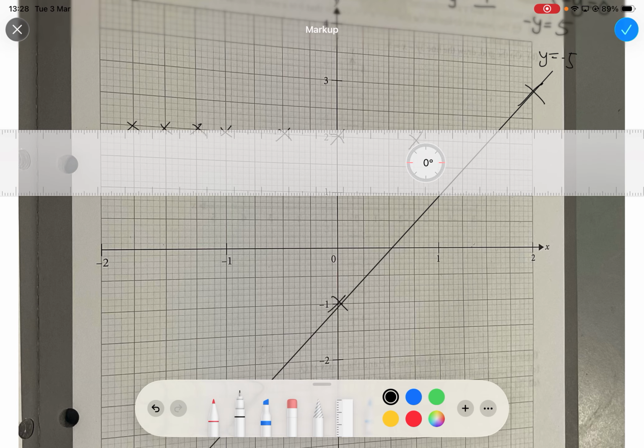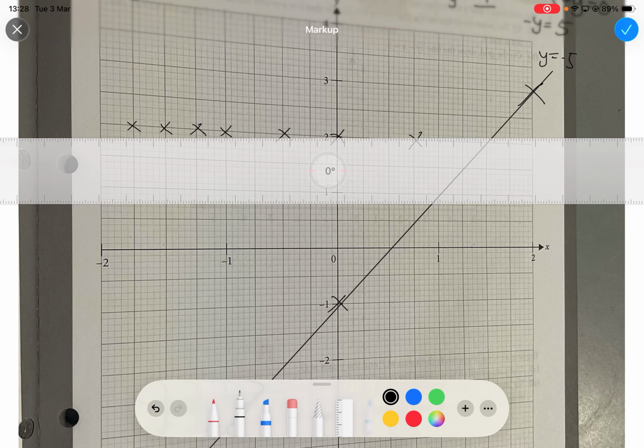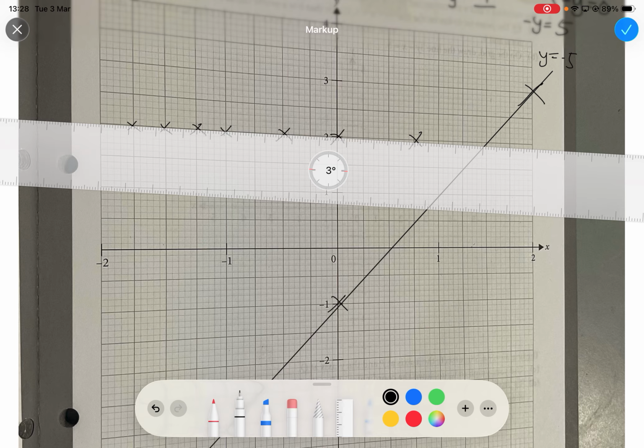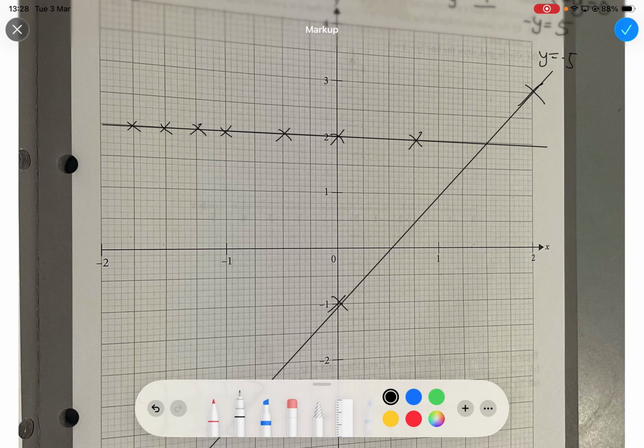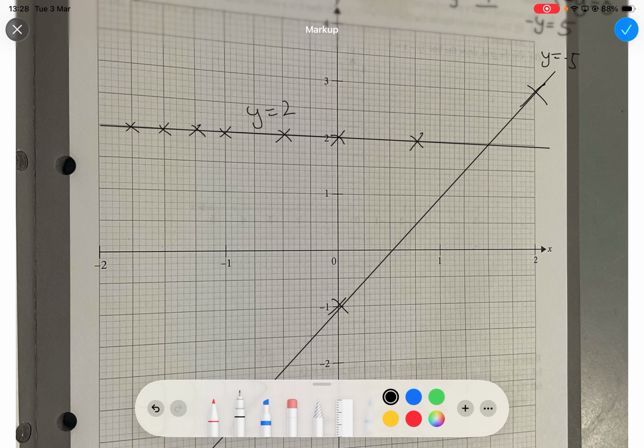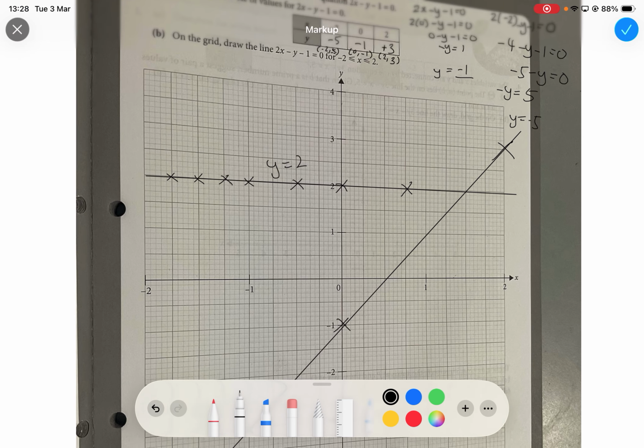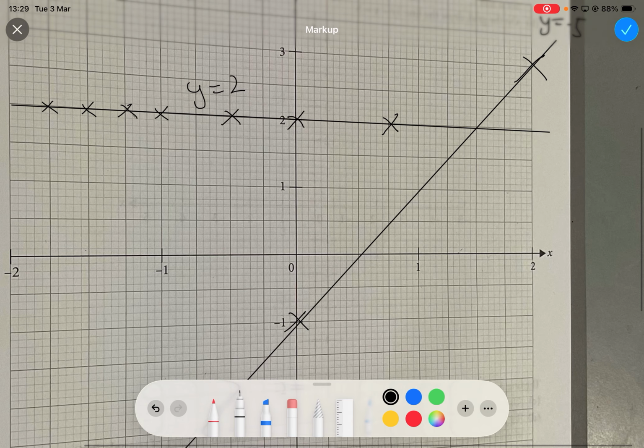Then the next part. So, what is so special about this point that they cut each other? Every point here fulfills this equation. Every point here fulfills this equation. So what is the special thing about this intersection? This intersection is the point when the x and the y will balance this equation, and it will also balance this equation.